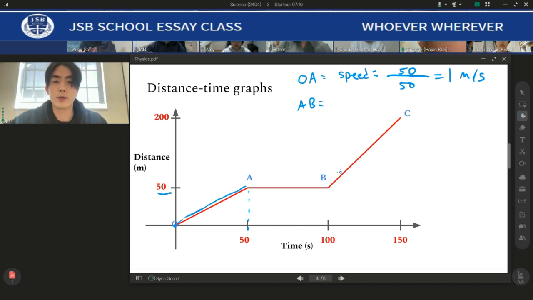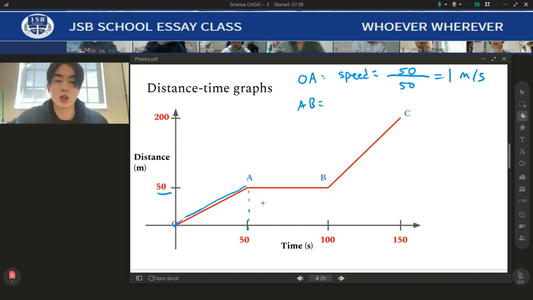What's happening to the car? Esther, A to B. What do you think is happening to the car? What's the car doing?